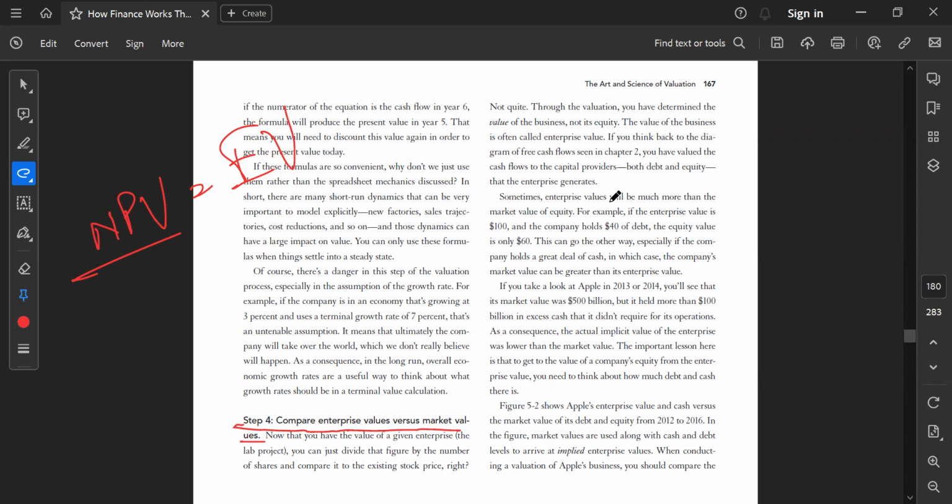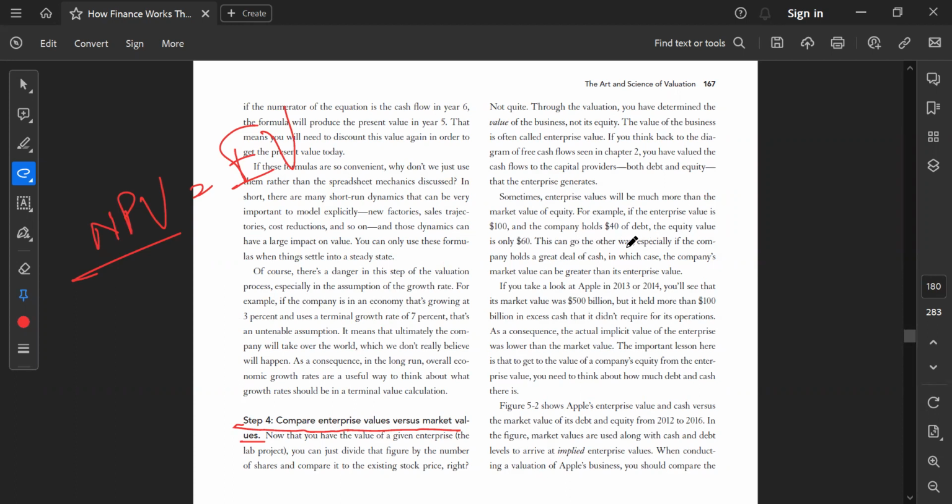Sometimes enterprise value will be much more than the market value of equity. For example, the enterprise value is 100, the company holds $40 of debt, and the equity value is only $60.